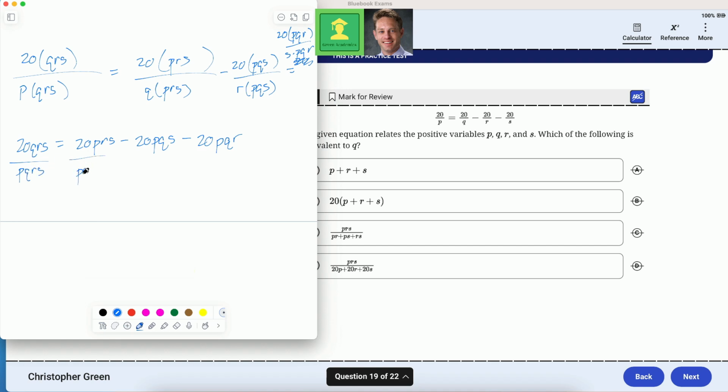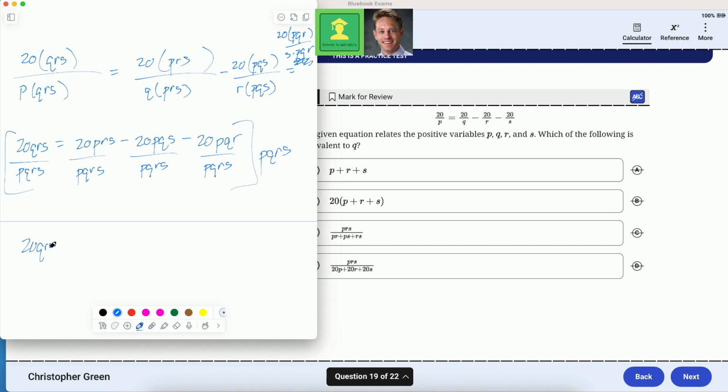I'm going to be thorough by recopying all of these denominators, but they effectively cancel out because it tells you that they're positive variables. So you don't have to worry about anything being zero, as in a divide by zero mistake. So technically, you're multiplying the entire equation, the entire expression by PQRS, and you're left with simply what's on top.